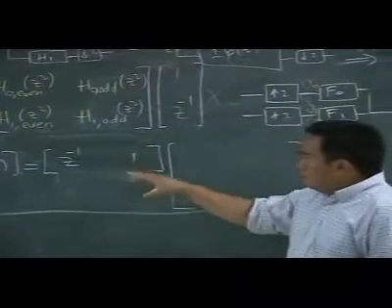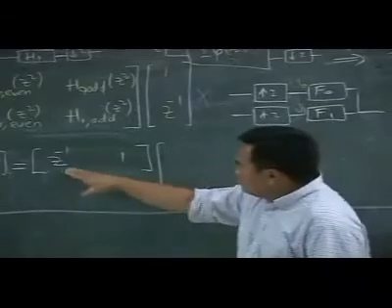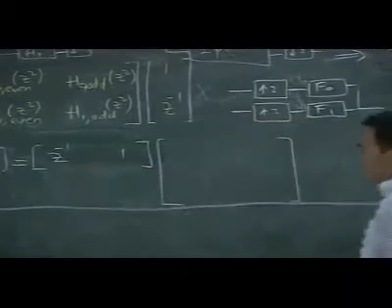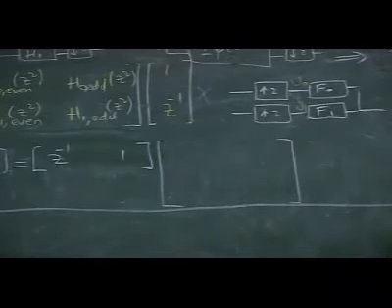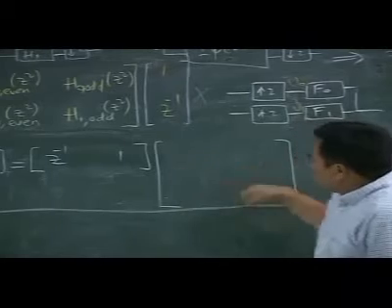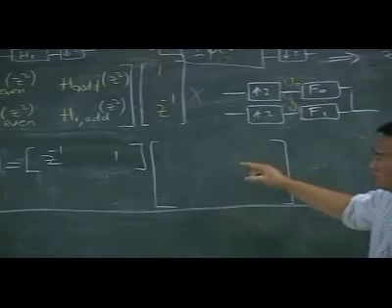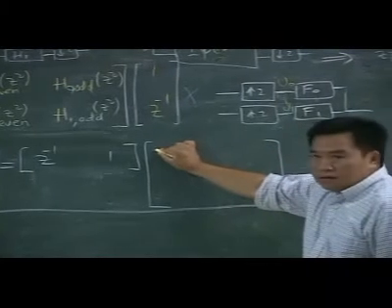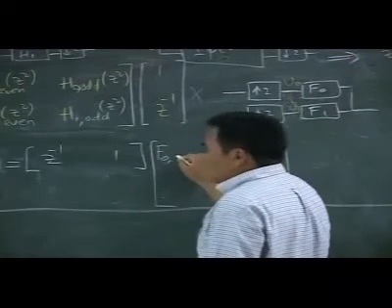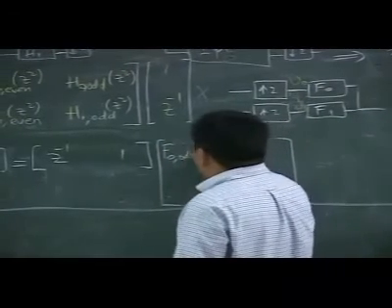It's clear that we want to have Z inverse and 1. We can change it to 1, Z inverse. But I'll show you why Z inverse, 1. Okay? So if this is Z inverse, 1, how do I write it here? This is now polyphase form. What will be the first? F0 of what? Z squared. Very good.